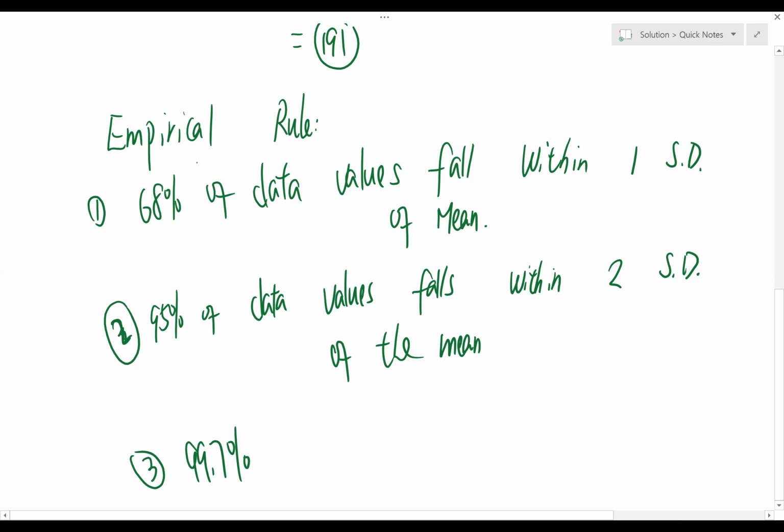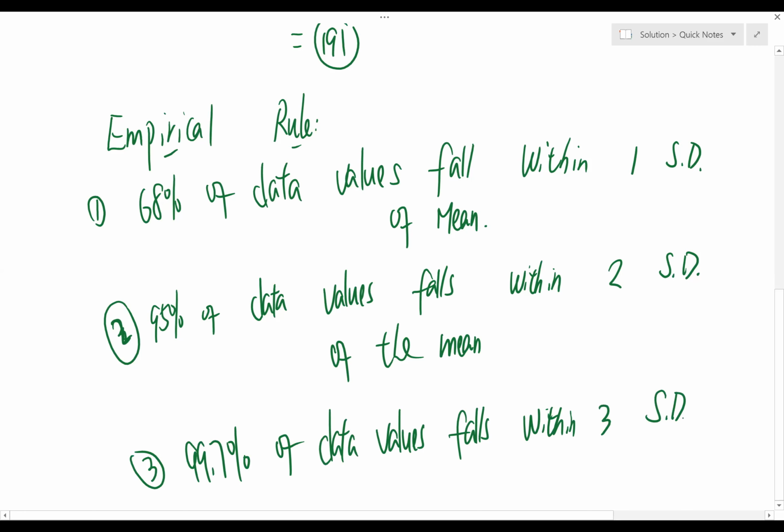So this is what people came up with. That's why it's called the empirical rule, right? Based on their experience working with data sets, they came up with this. 99.7% of the data values fall within 3 standard deviations of the mean.